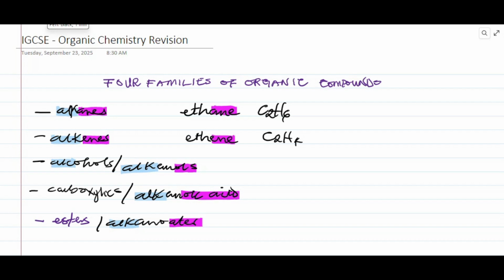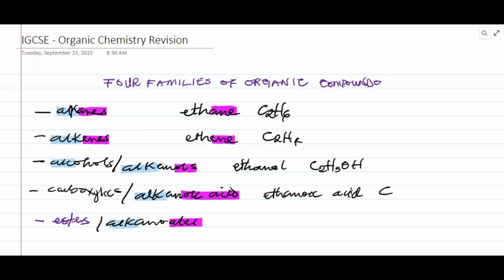For the alcohols, when you see a compound whose name ends with -ol, like ethanol, you will know that this one belongs to the alcohol family. The molecular formula is C2H5OH. For the carboxylic acid or alkanoic acid, we can use ethanoic acid as an example of a family member.